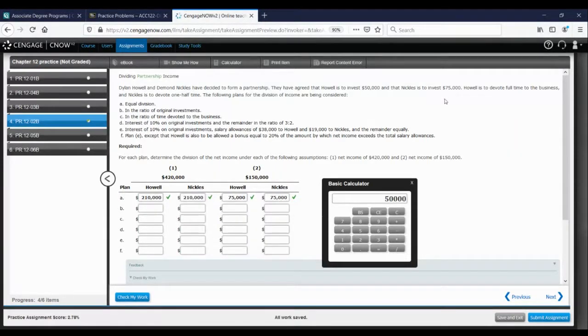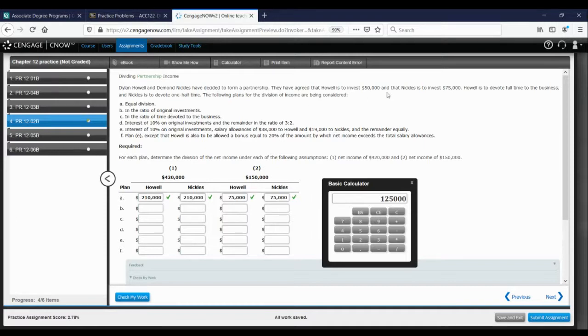Nichols was going to invest $75,000. The total partnership investment would be $125,000.